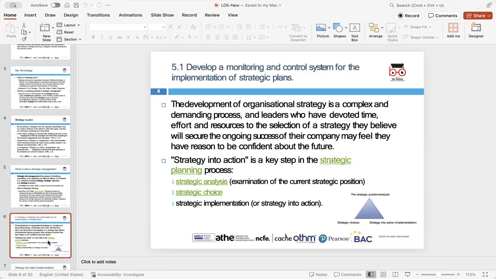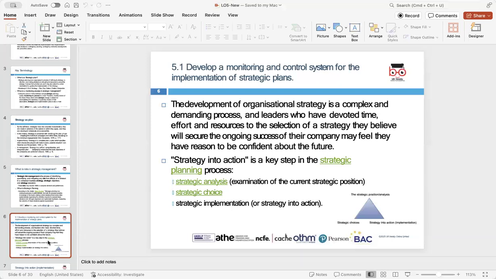Strategy into action: develop a monitoring and control system for the implementation of strategic plans. Developing an organizational strategy is a complex process that requires careful analysis and decision making.